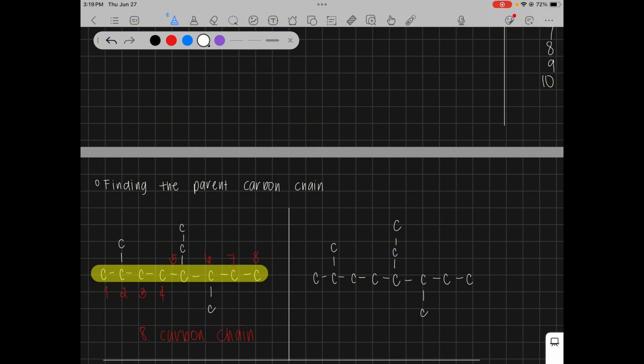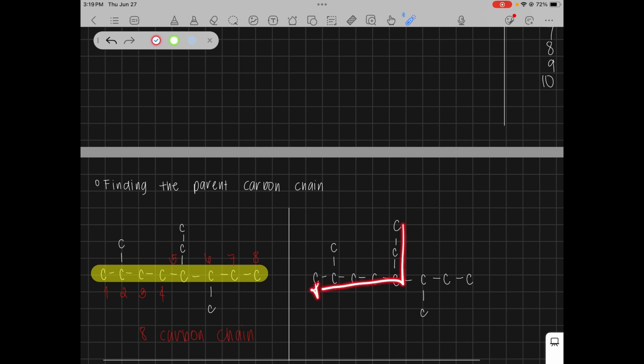So we can also start here. Let's see if it is longer than 8. So we have 1, 2, 3, 4, 5, 6, 7, 8. Basically, it's the same. So it still has the 8 carbon chain. So we are looking for something longer than 8. We can also start from here to here.